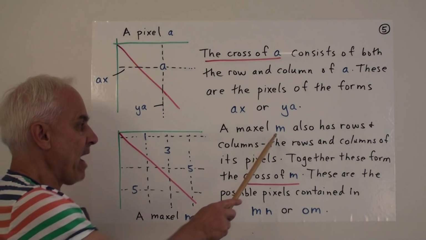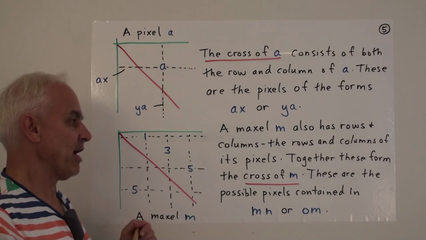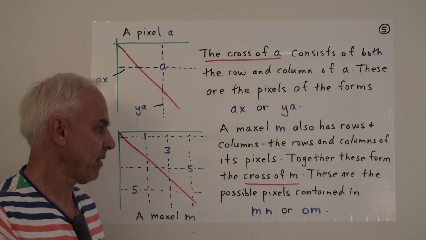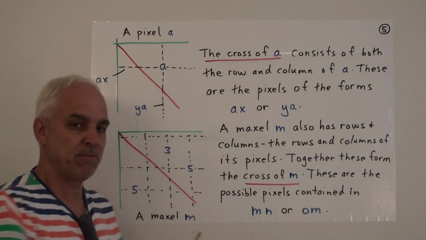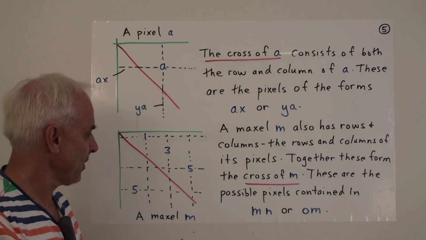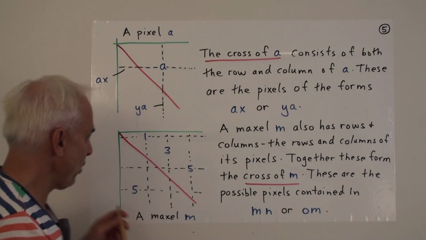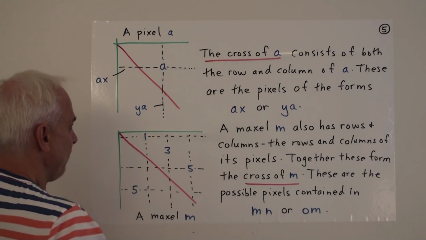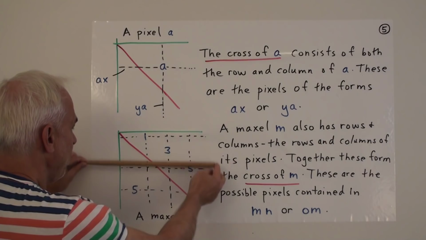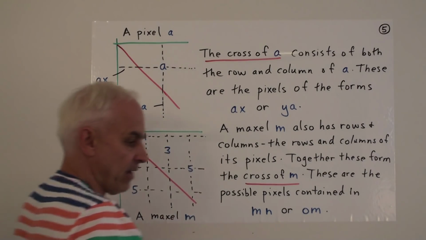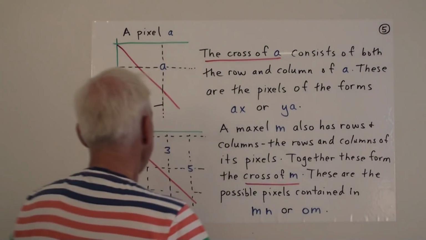So such a maxil M also has rows and columns, namely the rows and columns of its pixels. So associated to this maxil, we could also consider various rows, namely this row, this row, this row, and I see that I've forgotten that row. So let me add that.